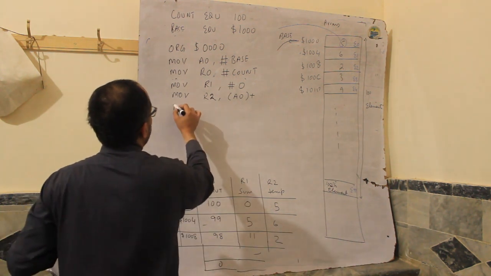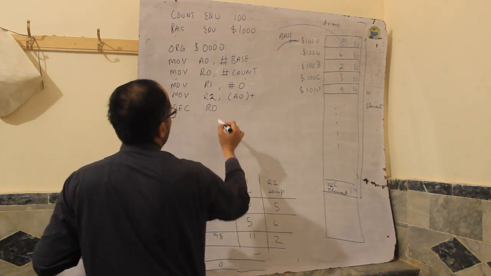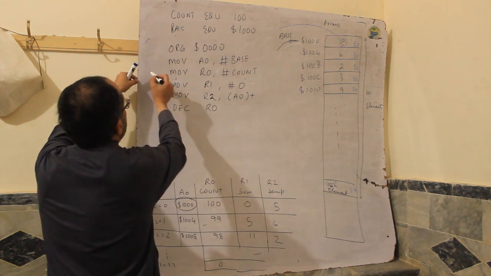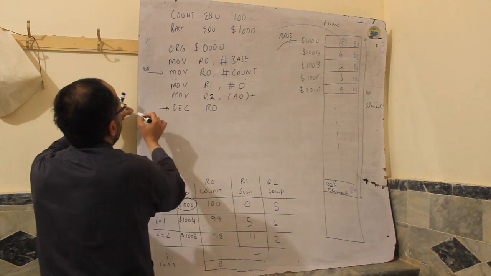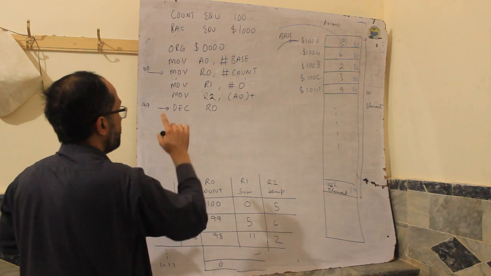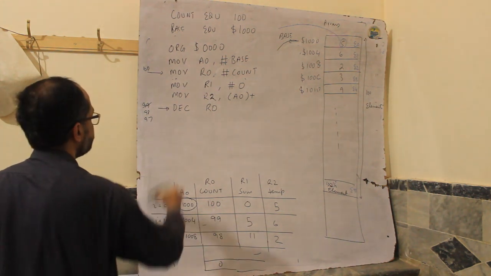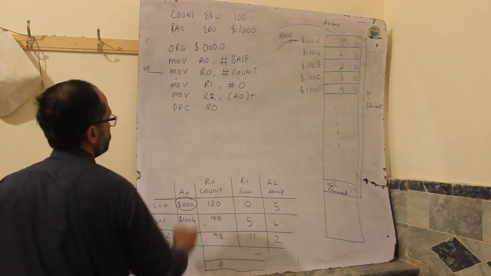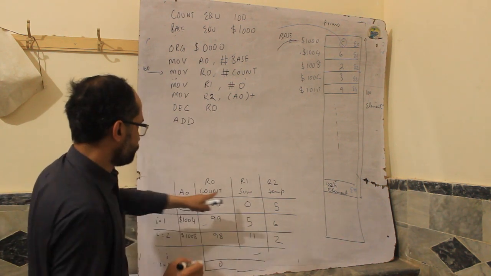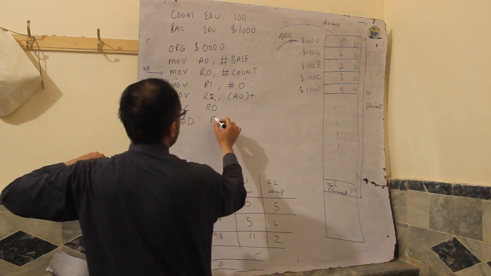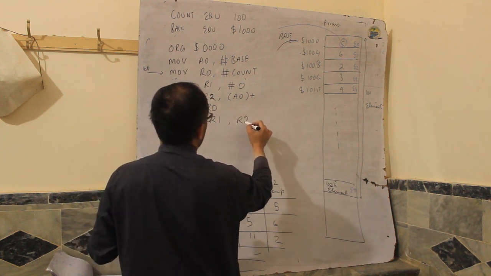Now we have to decrement the counter, that is R0. Initially, R0 contains 100. For the first iteration, R0 will be decremented and the new value will be 99. In the next iteration, the new value will be 98, and then 97, and so forth. And then we have to add the sum R1 and R2.